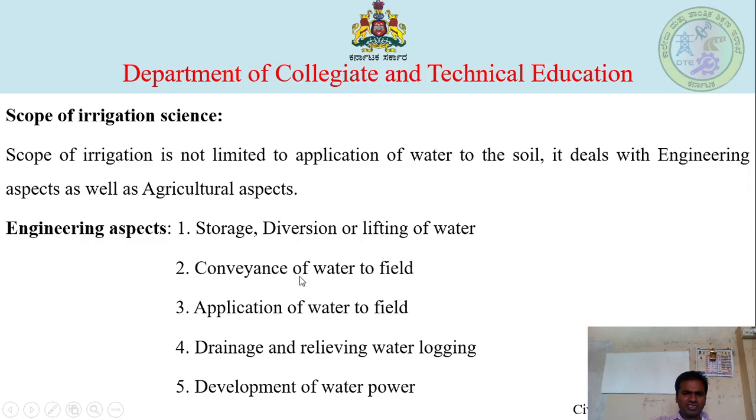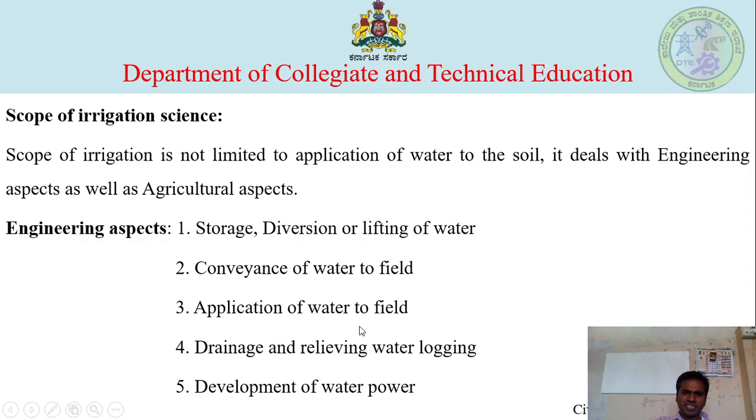Next, conveyance of water to the field. After storage, you have to convey the water to the field through the conveyance system. After conveyance of the water to the field, you have to go into application of water to the field through some system. After that, drainage and relieving the waterlogged area.